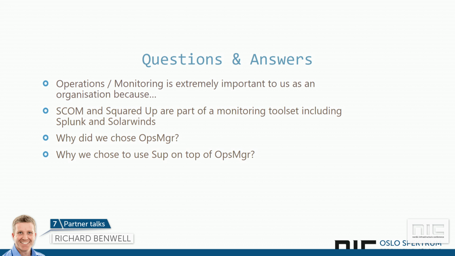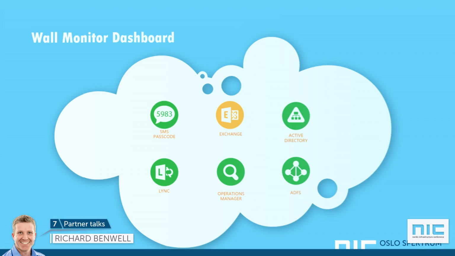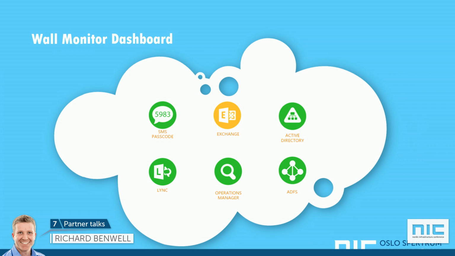So I have a few examples of dashboards that we created with Squared Up, and we still use these every day. This first one is a wall monitor displayed in our monitoring department.